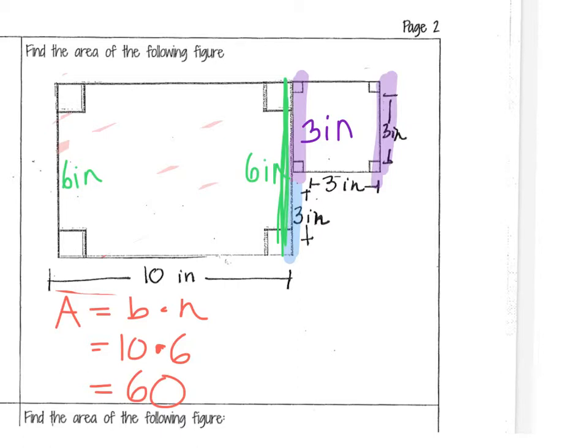So then to find the area of my square, the area of a square is again the base times the height.